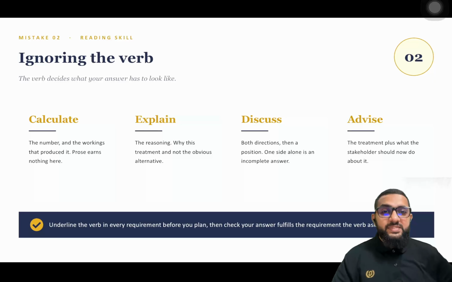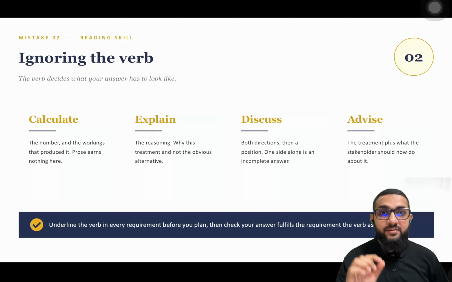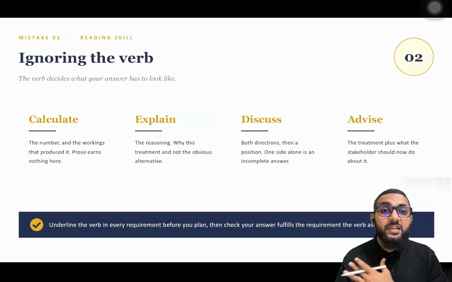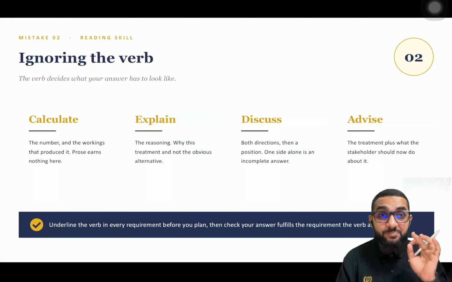Then the mistake number 2, where you ignore the verb. For this, I have already done a video and I've already delivered a session where I speak about all the exam verbs that are relevant to SBR.